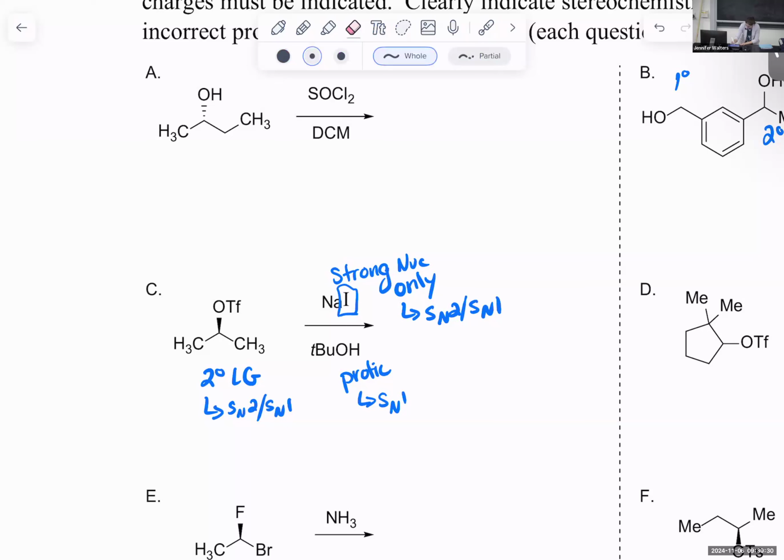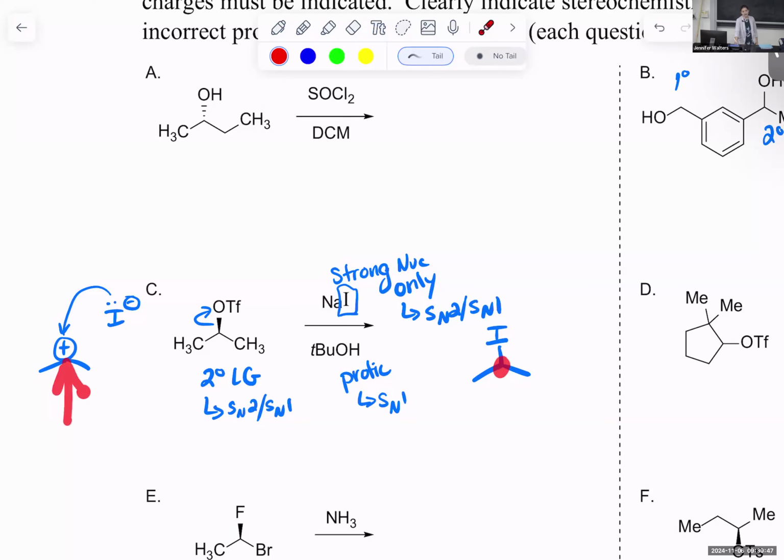So the leaving group leaves. I get a carbocation. Iodine attacks. And I get iodine incorporated. I lose stereochemistry because I went through a carbocation intermediate. Also, it's not a chiral center, but whatever.